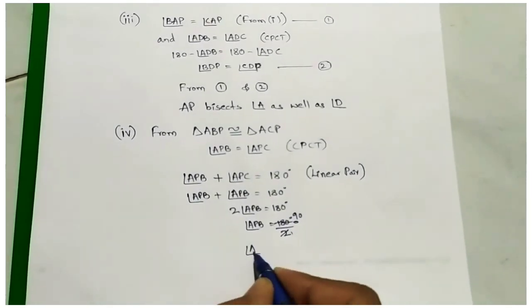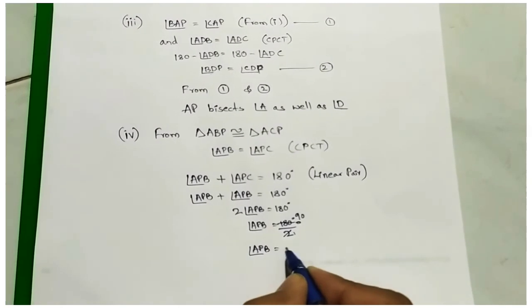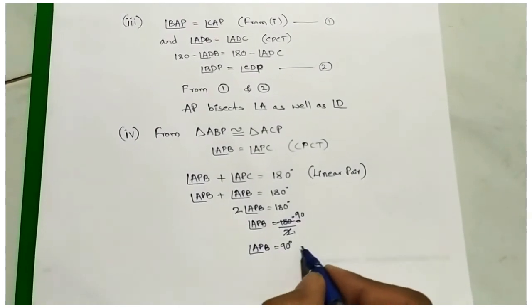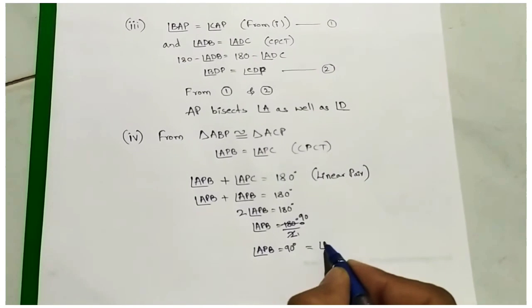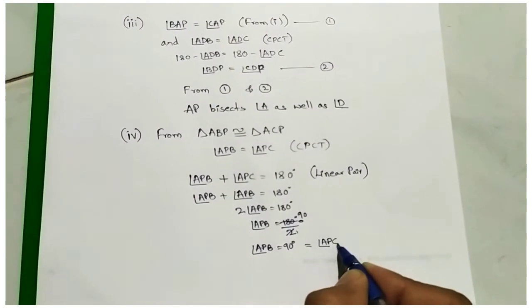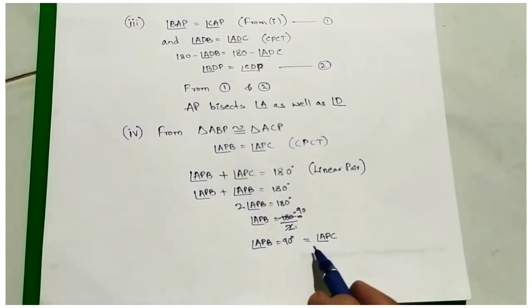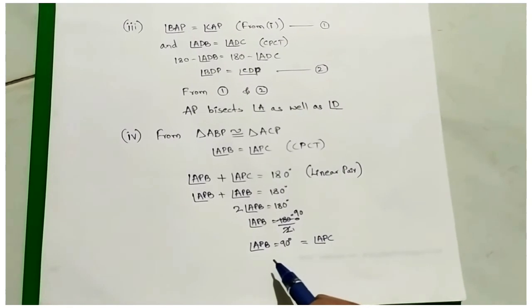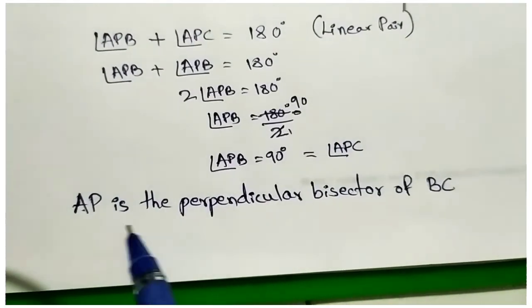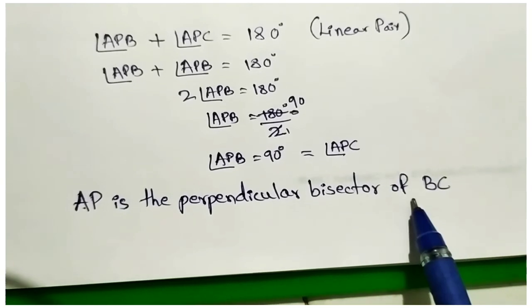Now we got APB equal to 90 degrees. If it is 90 degrees, then automatically APC is also 90 degrees.